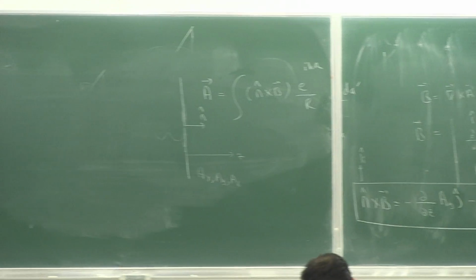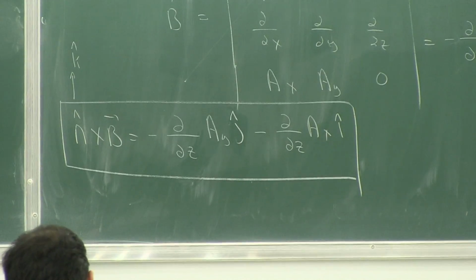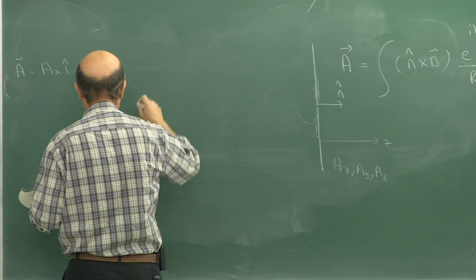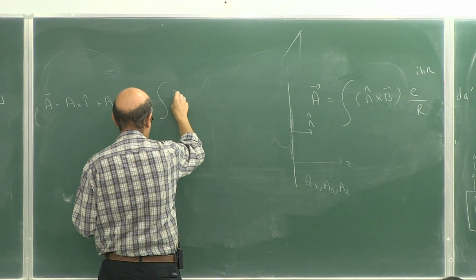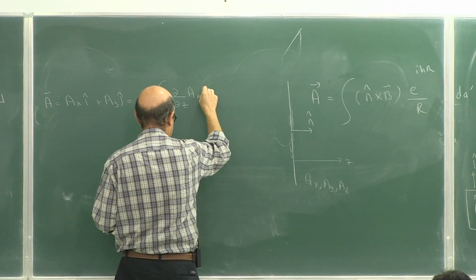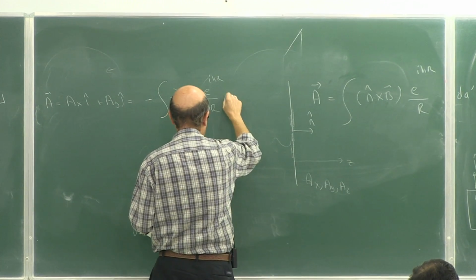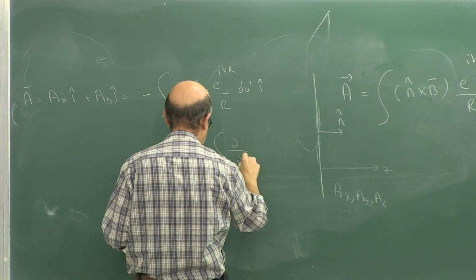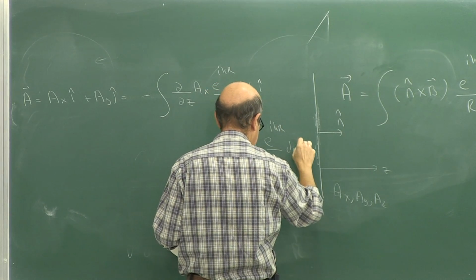Vector potential Ex i, Ey j is equal to minus del over del z Ex e to the ikr over r integrated through the surface along i, and other term minus del over del z Ey e to the ikr over r dA prime j.